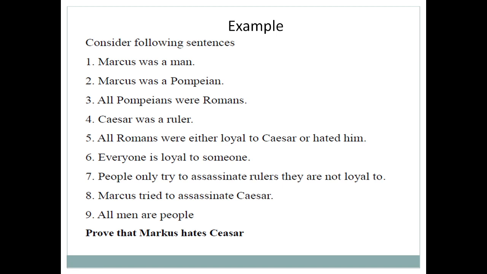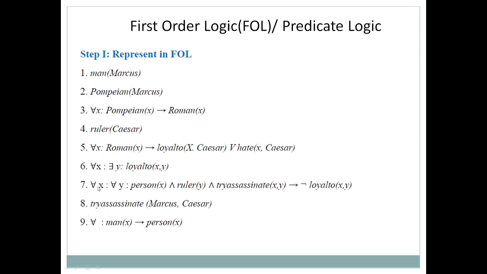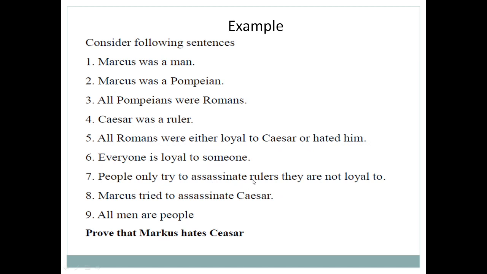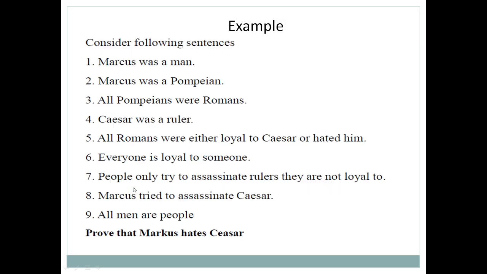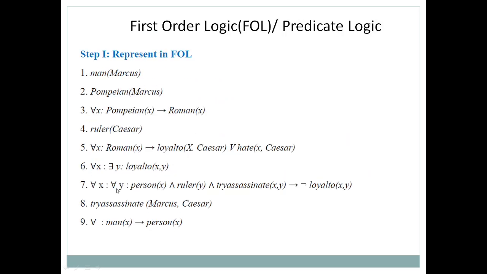People only try to assassinate rulers they are not loyal to. To represent the people we have used for all x, and similarly for rulers we are talking about not one ruler but all rulers. That's why we have taken two universal quantifiers, one to represent all people, another to represent all the rulers.